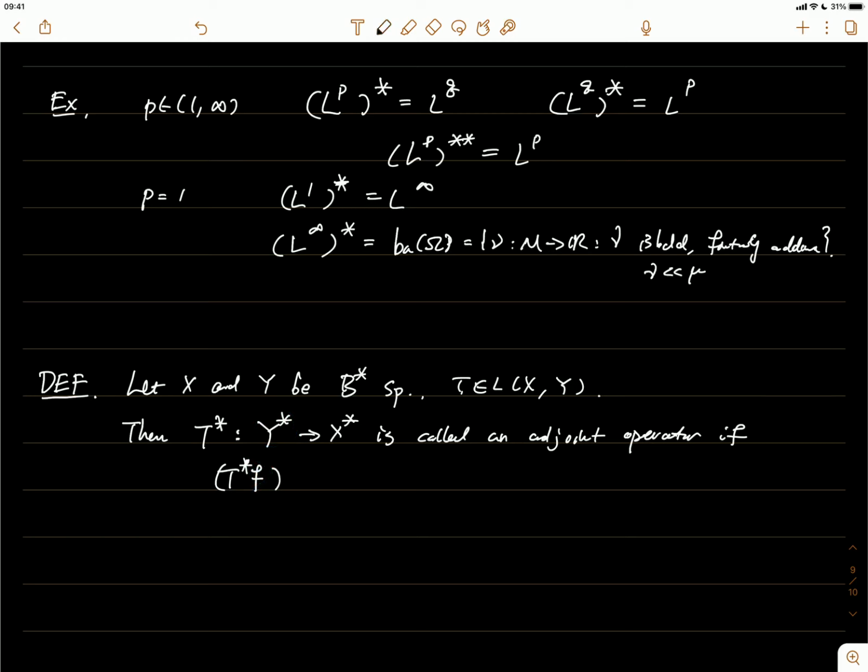So it can be applied to any element in X, and we'll get a scalar, a real number. And if this is always equal to F of Tx for any x in the space X and any F in Y star, then we call it an adjoint operator.